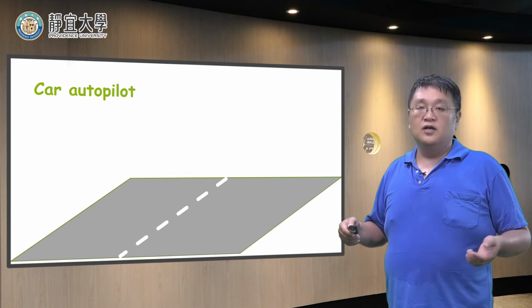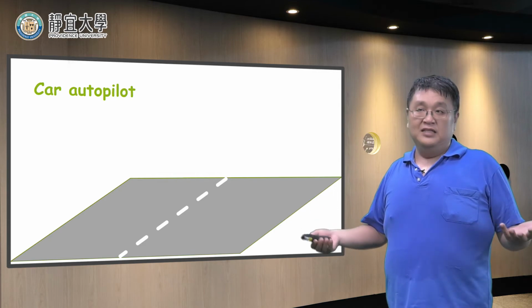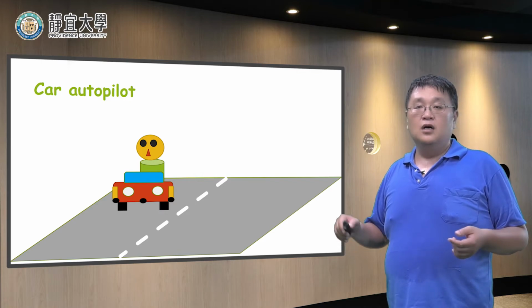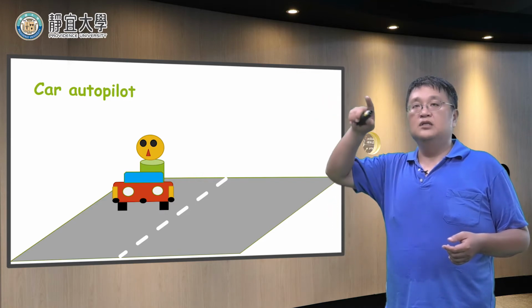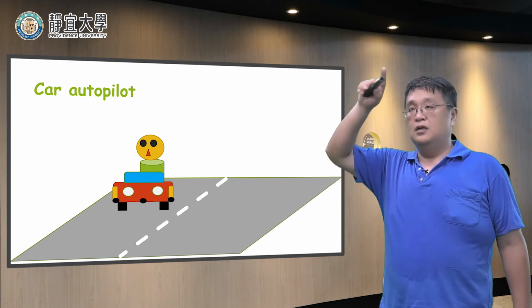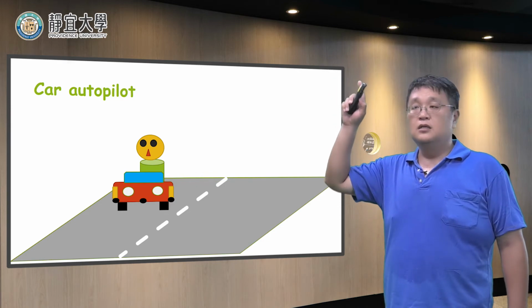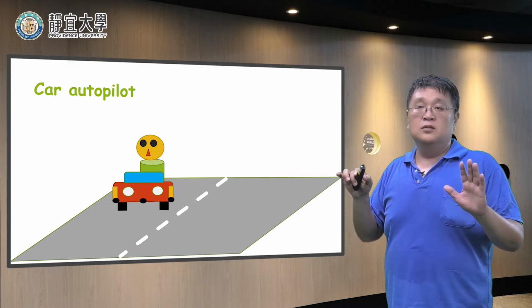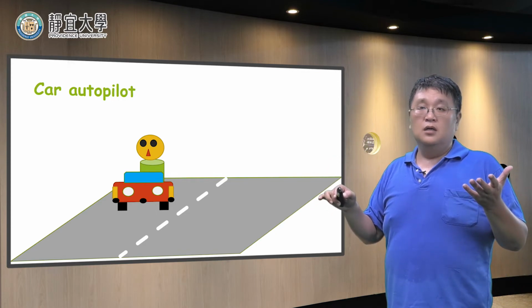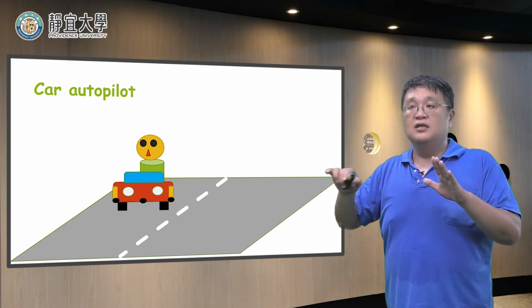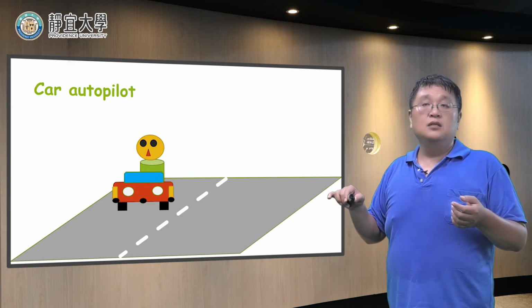So how does the car autopilot work? You see here, the car places 3 sensors on the front, maybe on the top of the car. Here we just talk about an example. Actually, the sensors will be more than 5.